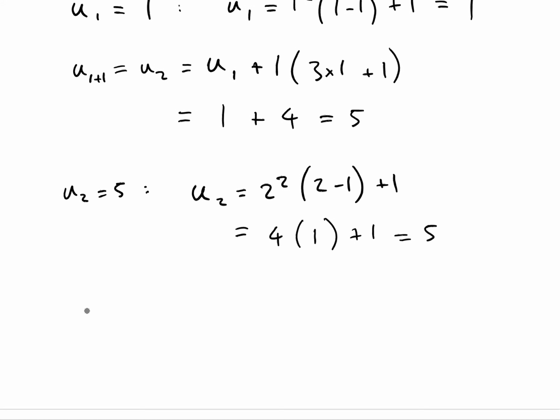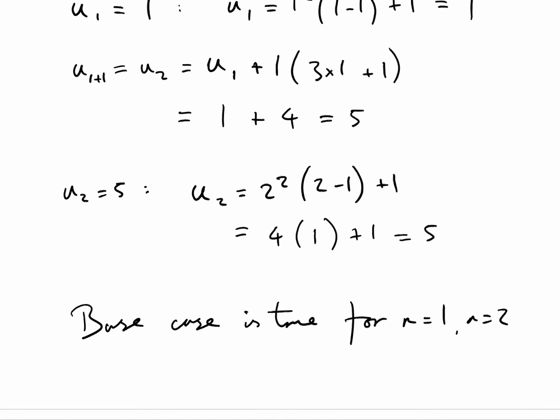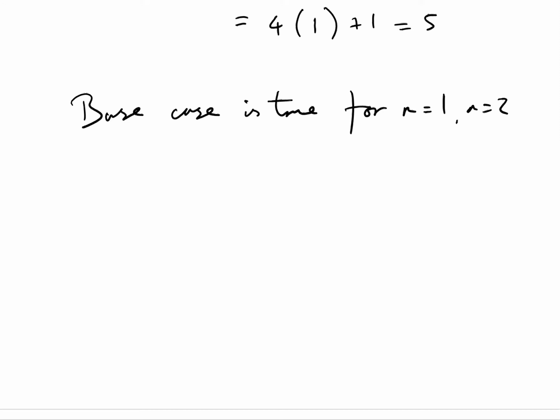So therefore it works. We've shown that the base case is true for n equals 1 and n equals 2. Quite a lot of work there, but hopefully you can follow what I've done. Basically, we need to prove it for both n equals 1 and n equals 2.